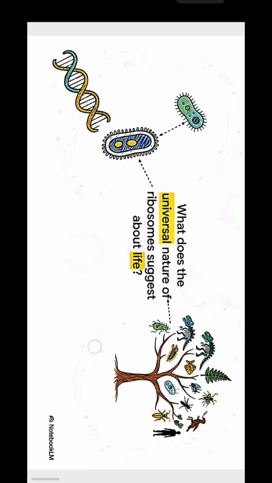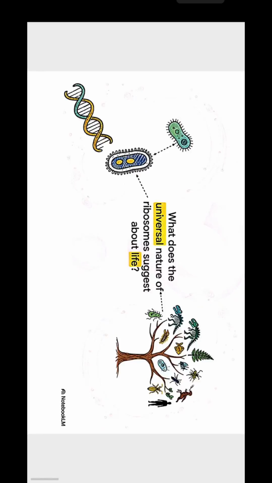It suggests the ancient nature of ribosomes or RNA. It also suggests that RNA was the first molecule which acted as genetic material, which was later replaced by DNA. The RNA world theory also suggests this notion.